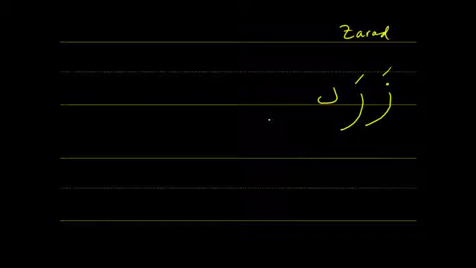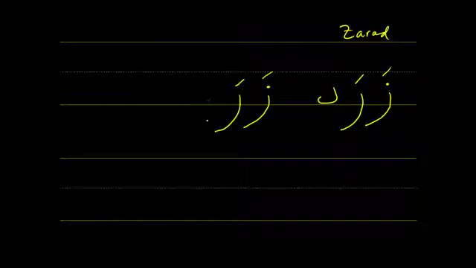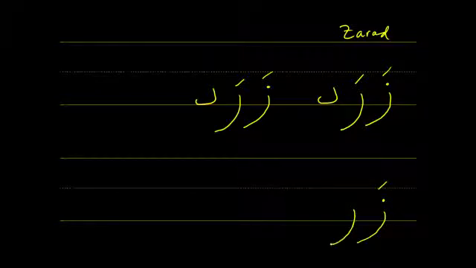Zarad. Let's do it again. Za with a fatha, ra with another fatha, dal. Zarad. Let's do it one more time. Za with a fatha, ra with a fatha, and dal. Zarad.